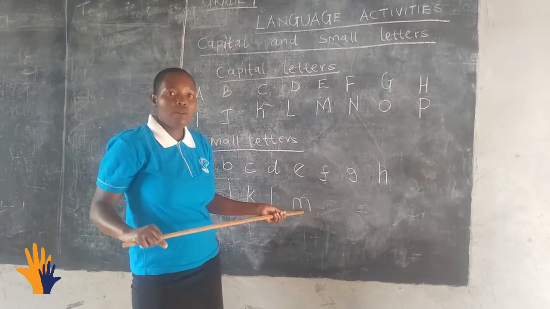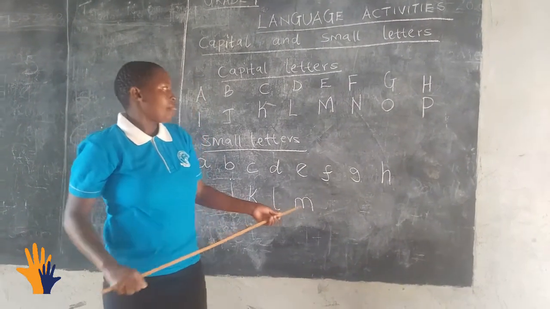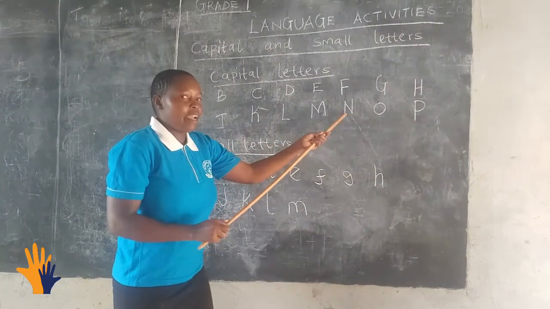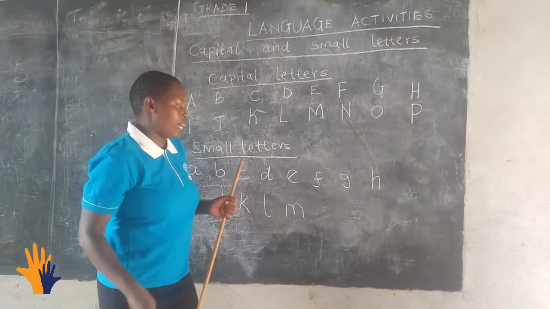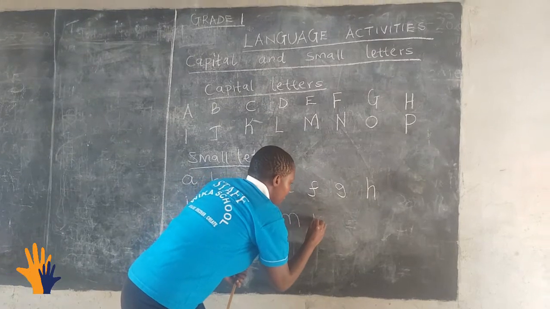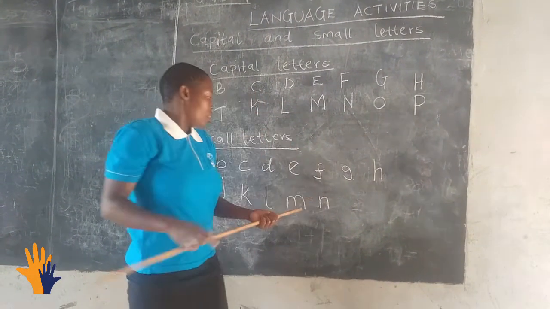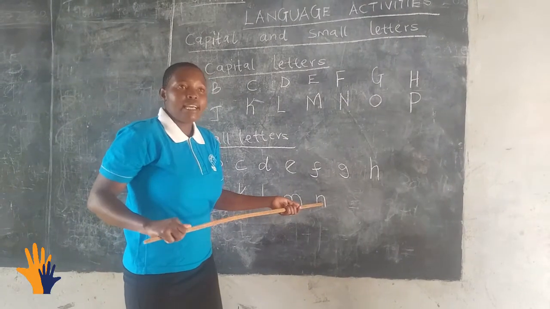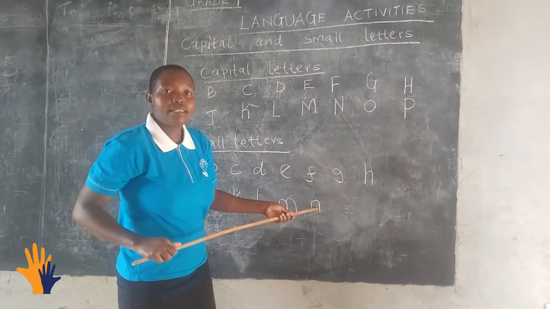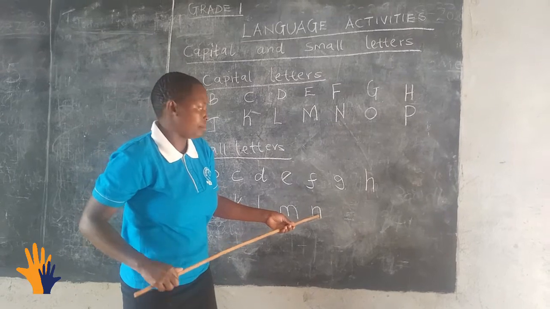M also sound M. Then capital letter N, we want to write it in small letter. We write it like this, children, like this. This is small letter N, also called sound N.